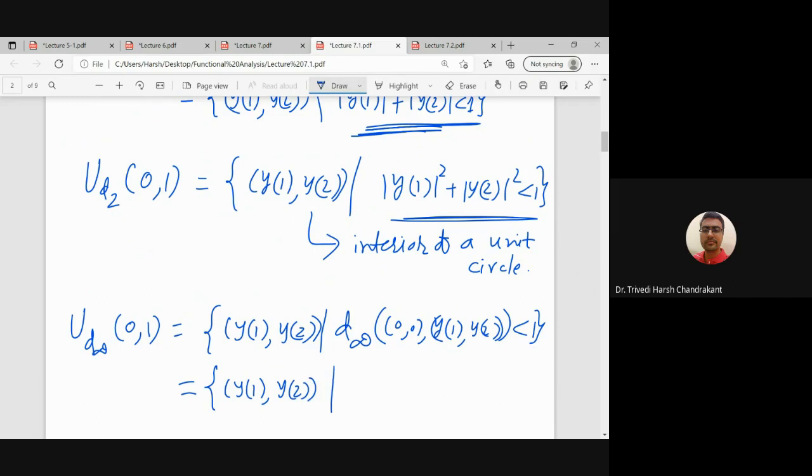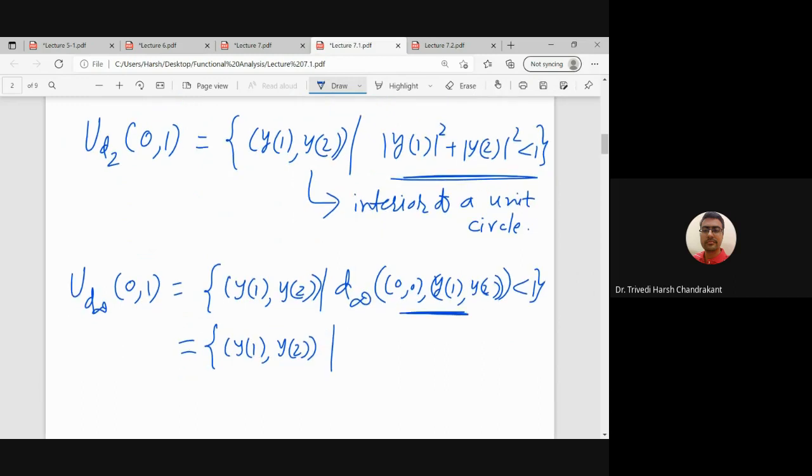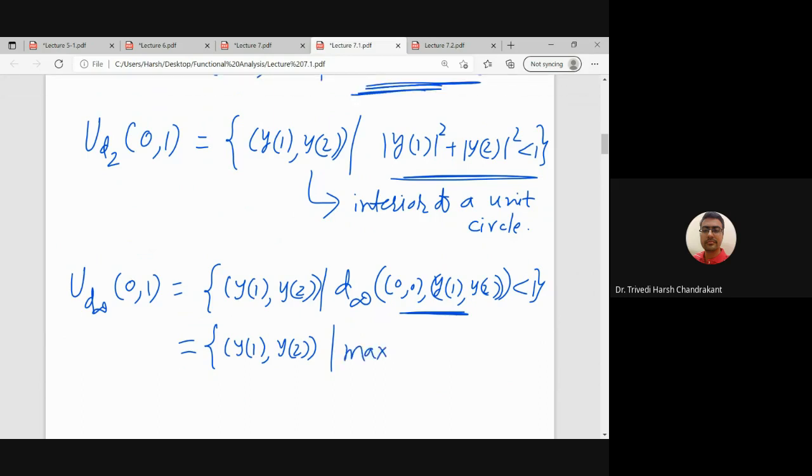Now, infinity means it is a maximum of the difference of coordinate, right? So that means it is a maximum of modulus y1 minus 0, so that is modulus y1, and modulus y2 minus 0, that is modulus y2. Right.